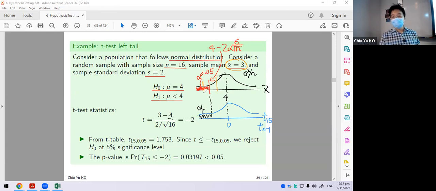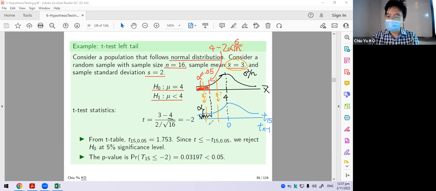If 3 is in the red region, then you reject. If the 3 is not in the red region, then you don't reject. So we need to check whether it's here or here. How can you check? If this is negative, this is 3, I don't know which one it is.